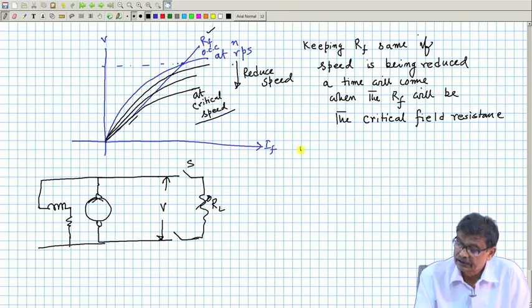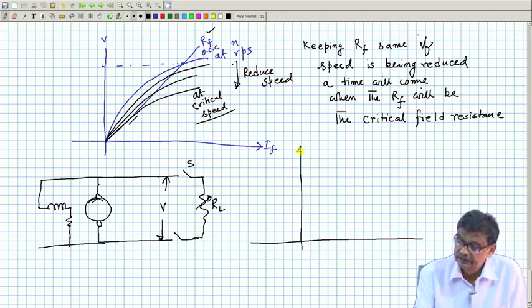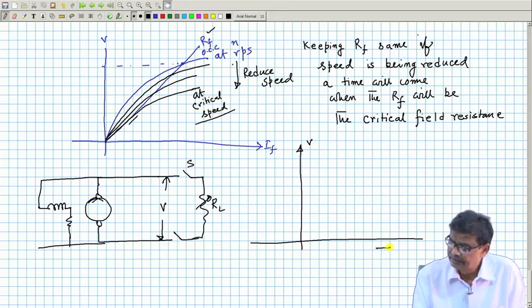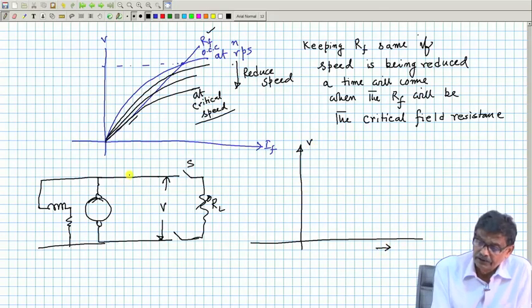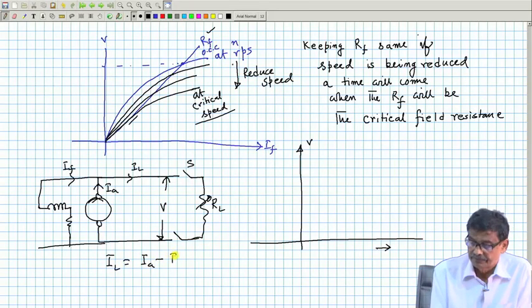Mind you, this is your IL load current, and this is your IA, and this is your IF. So, IL is equal to IA minus IF.